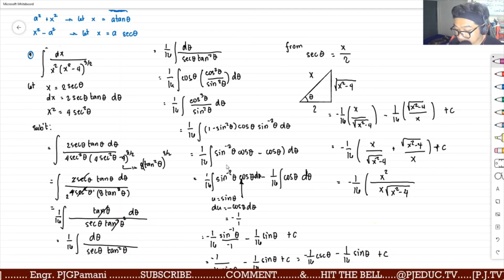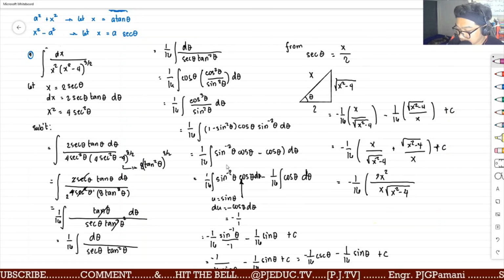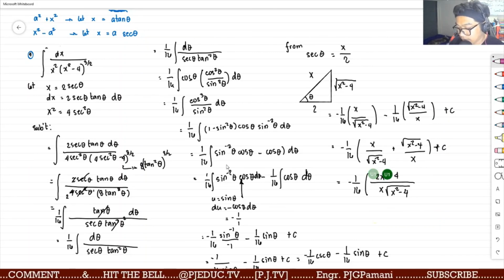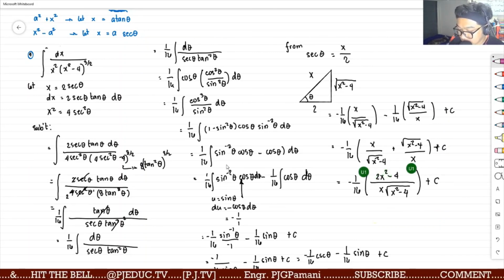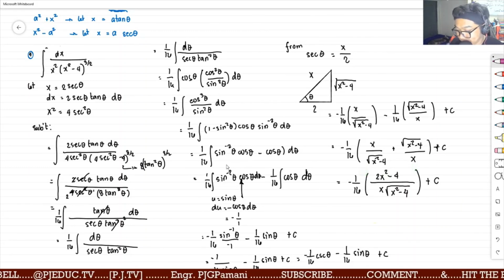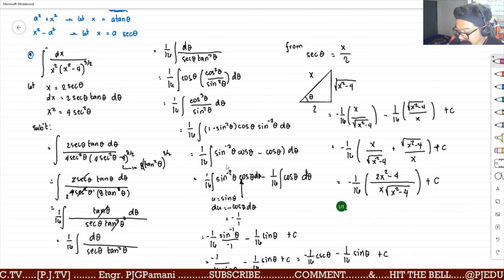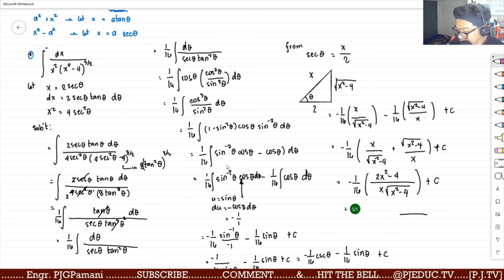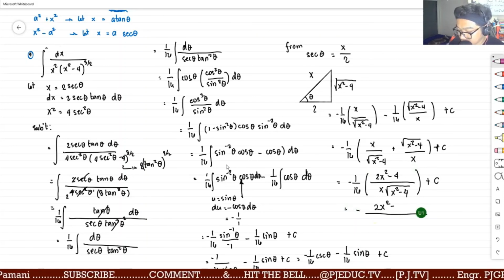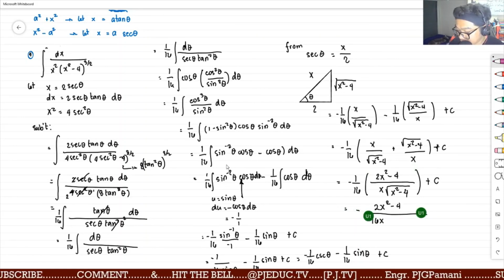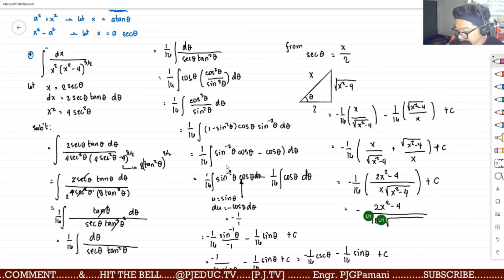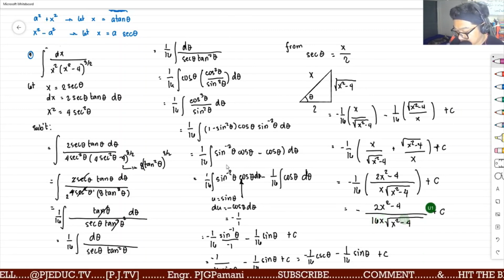Is x squared minus 4 plus x squared, that is 2x squared minus 4 over 16x square root of x squared minus 4 plus c.